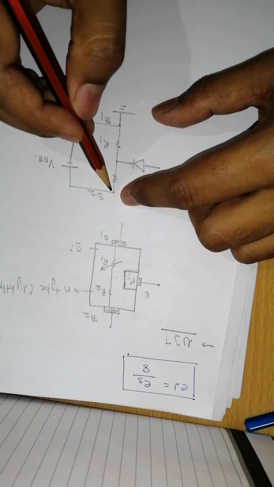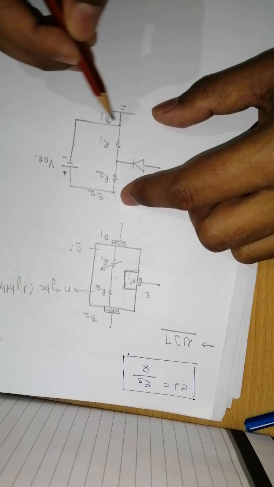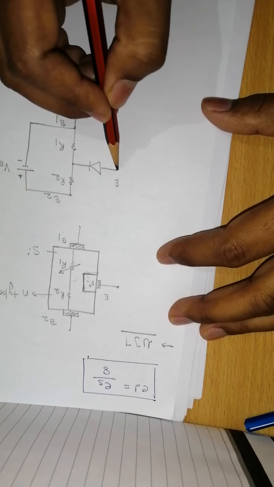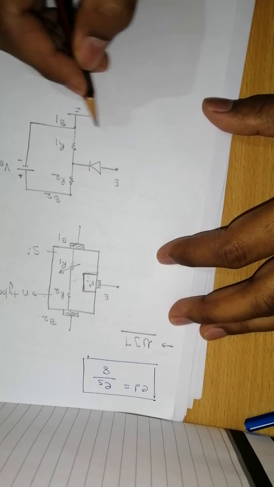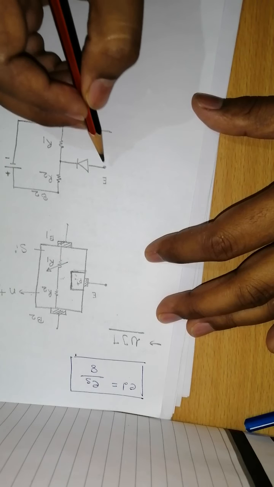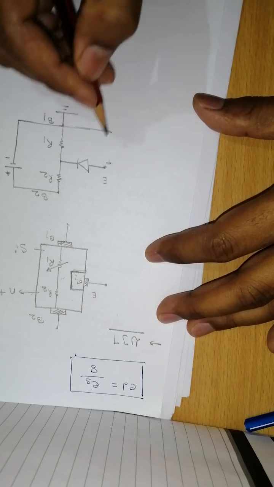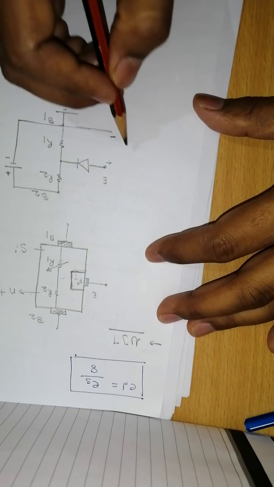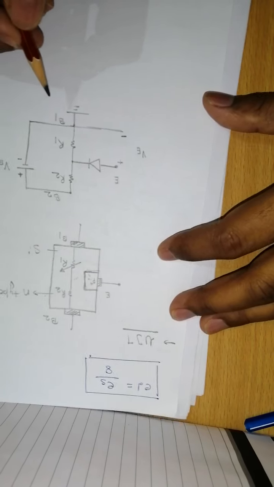The B2 terminal is connected with the positive terminal of the battery, and this is the negative or reference one. Now we have to bias this also, and this is also a reference terminal. When I apply a voltage here, I will apply it between these two terminals. Let's assume that this voltage is VE.